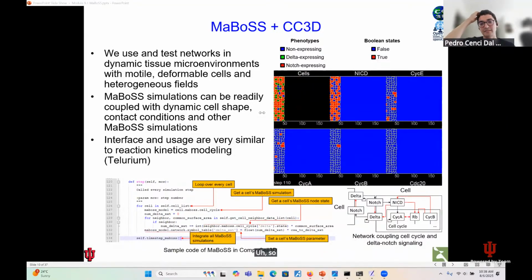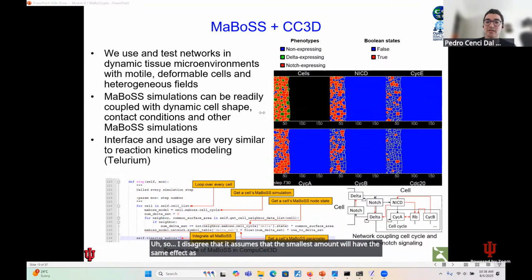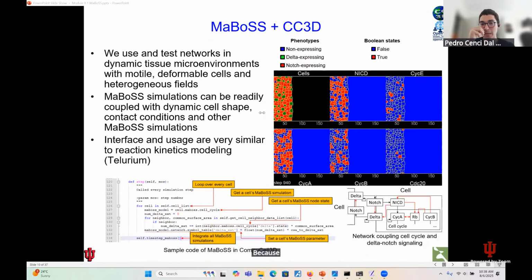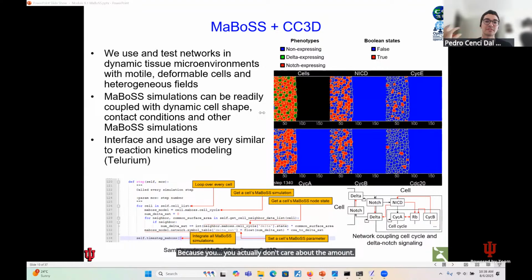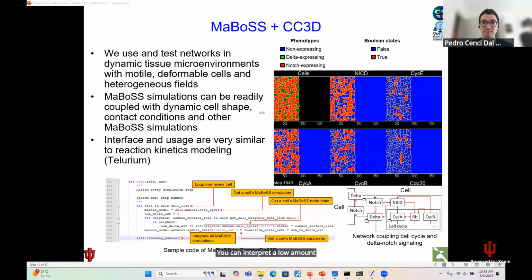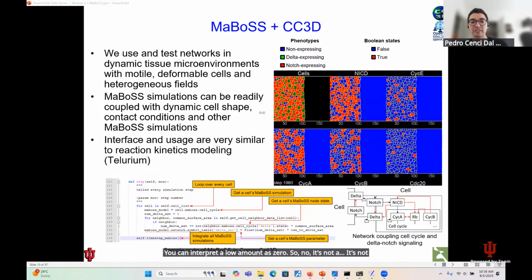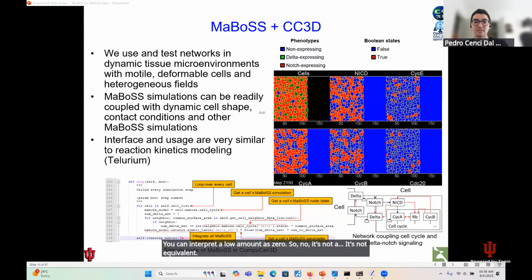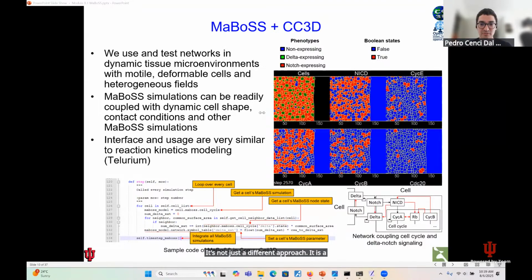So I disagree that it assumes that the smallest amount will have the same effect as a large amount, because you actually don't care about the amount. You can interpret a low amount as zero. So no, it's not equivalent. It's not just a different approach. It is a completely different approach.